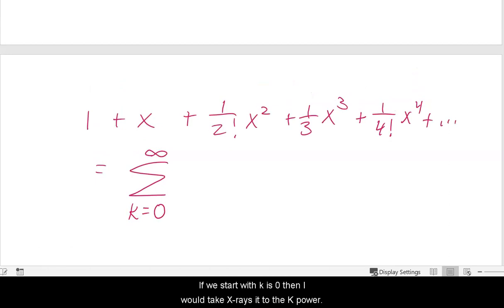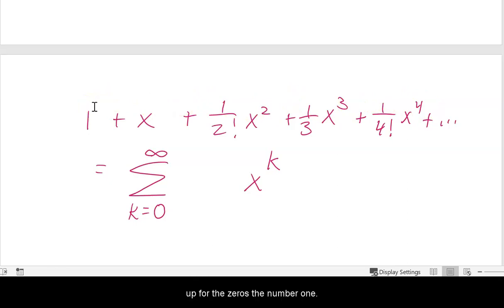If we start with k is 0, then I would take x, raise it to the k power. That would work to generate 4, 3, 2, 1, and no x, because x to the 0 is the number 1. The numerators are always 1, but the denominators, notice that they match the powers on the x, so I must have a 1 over k factorial.